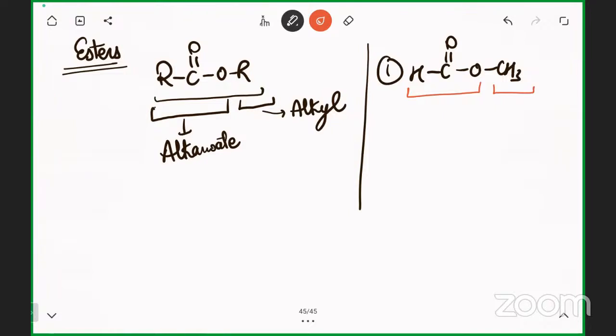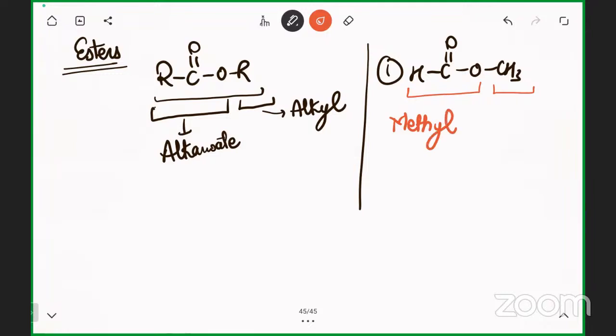So first you'll do the naming of alkyl, then you go for the naming of alkanoate portion. What is alk? Alk is the number of carbon. First, for the naming of the alkyl portion, we have only one carbon over here. For one carbon, we name it as meth, and at the last we'll use YL, that is called methyl.